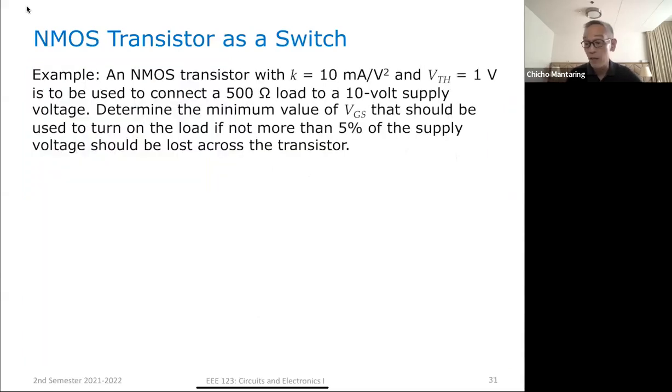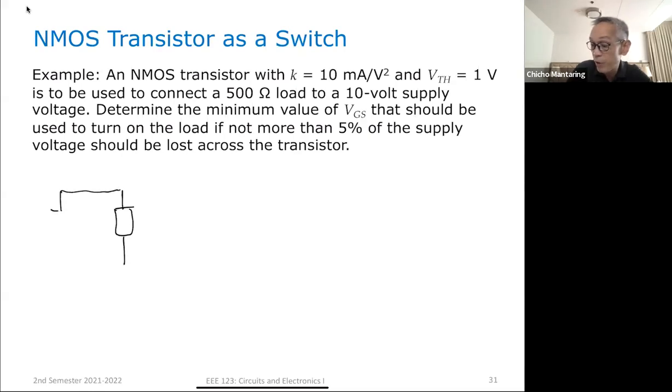So I have an example here. An NMOS transistor with K equal to 10 milliamperes per volt squared and VTH equal to 1 volt is to be used to connect a 500 ohm load to a 10 volt supply. So under normal conditions, this is my load.